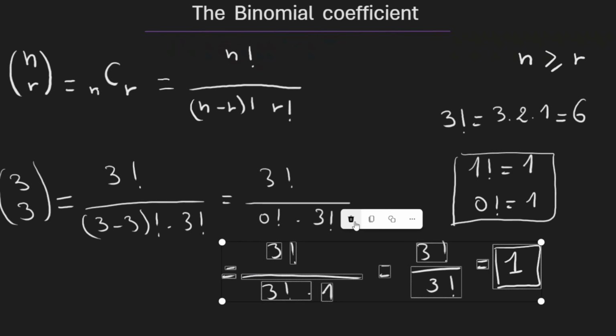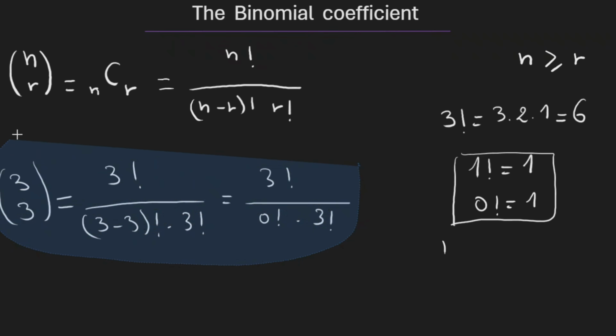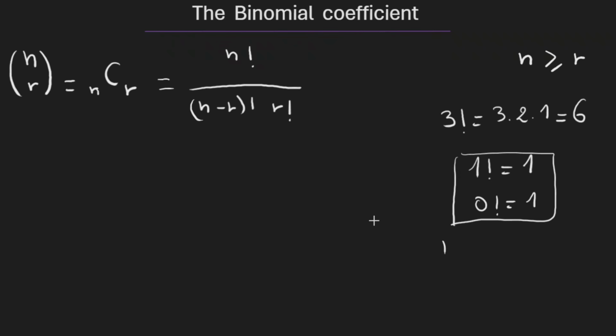So let's have another example. This time we have 3 above 0.